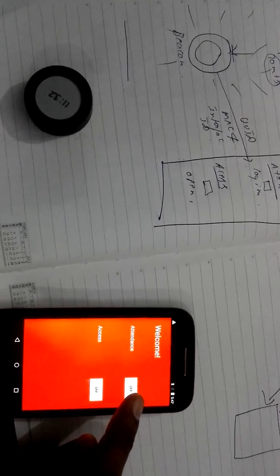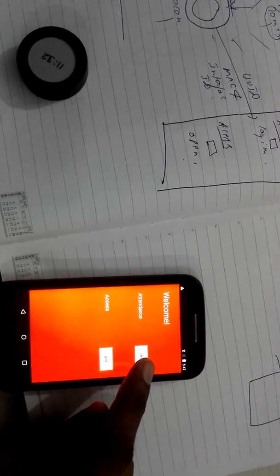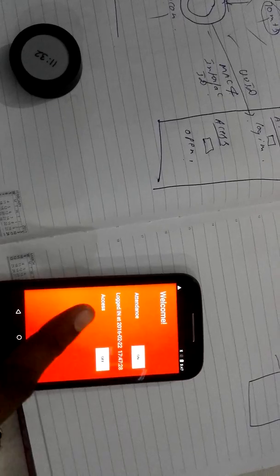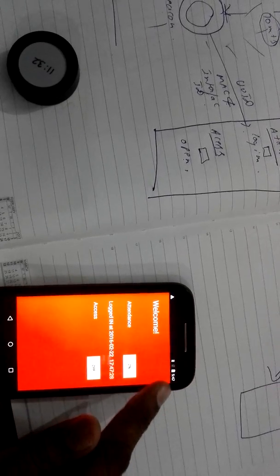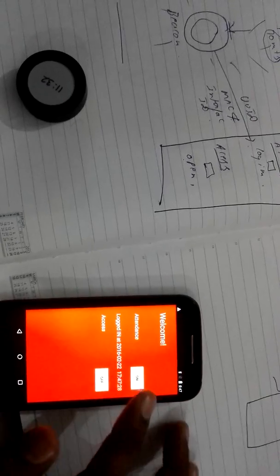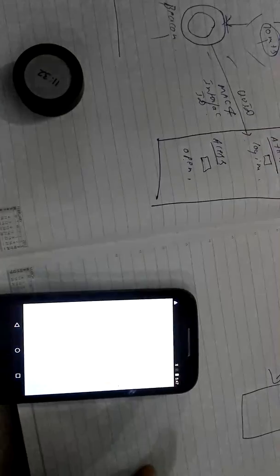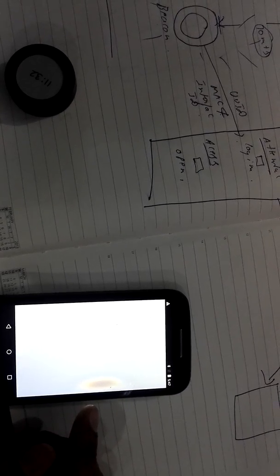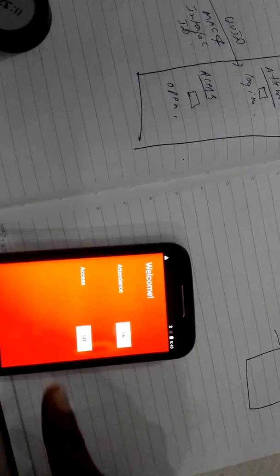Now, if I want to check in with the attendance, I would say on. Now the login time is 5:47. You can see the 5:47. It has taken the login time now. For access, it will say open.